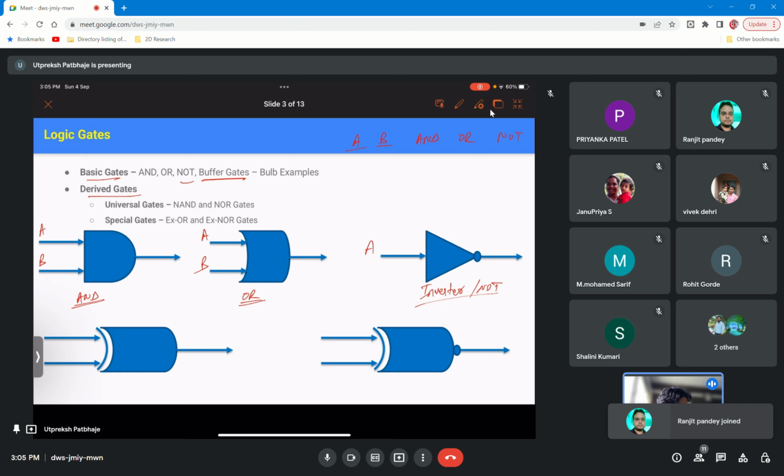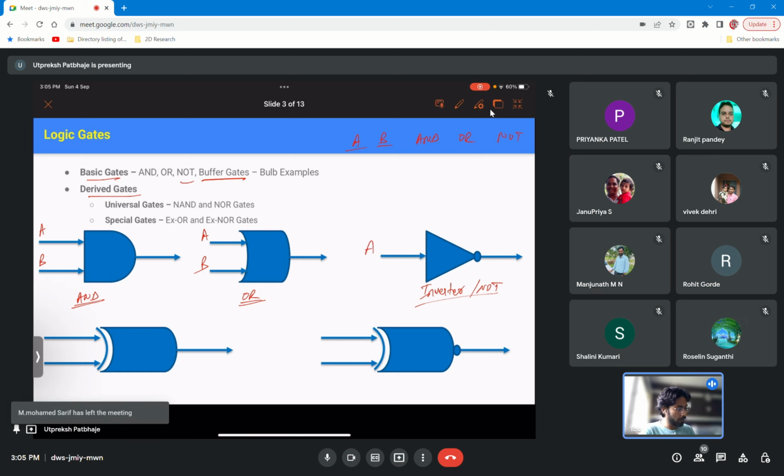At the output of AND, we should be getting A dot B. At OR, it will be A plus B, and as the output of the inverter, we will be getting A complemented. For two variables, we will just write down the possible cases. Then we will see how the truth table looks.